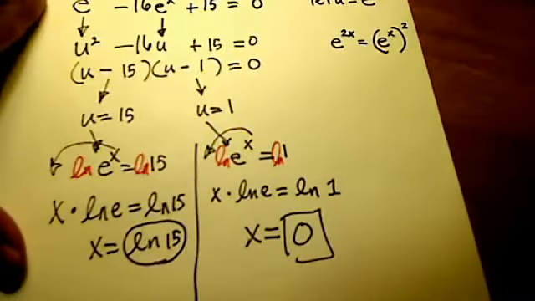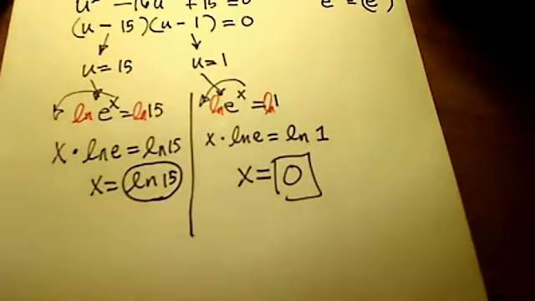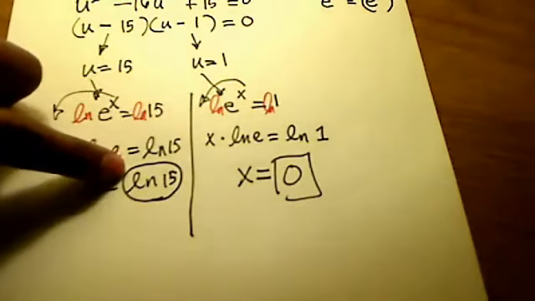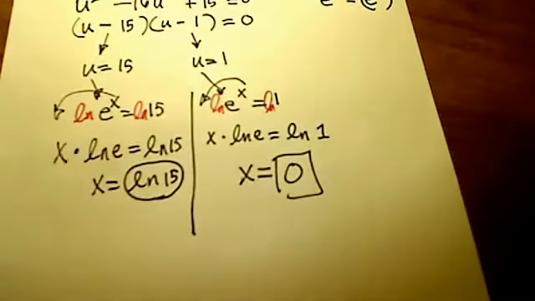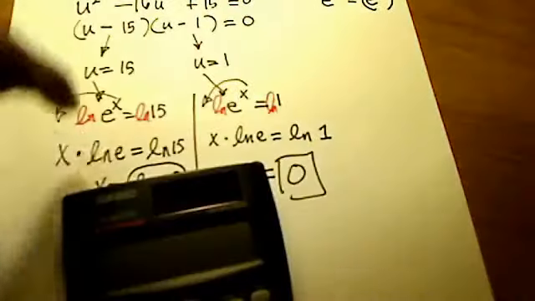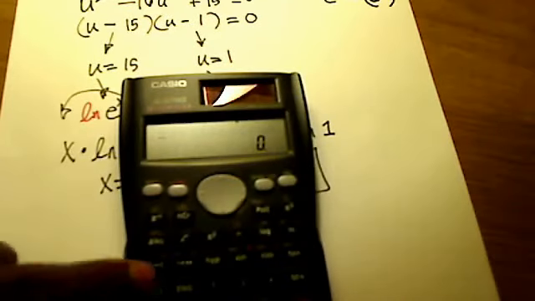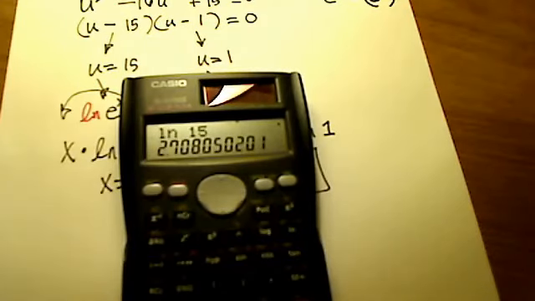If your book or MyMathLab requires you to go a little bit further with this and wants you to work out the decimal equivalent, well, you'll find out on your calculator that the natural log of 15, rounded to 2 decimal places, gives you 2.71.